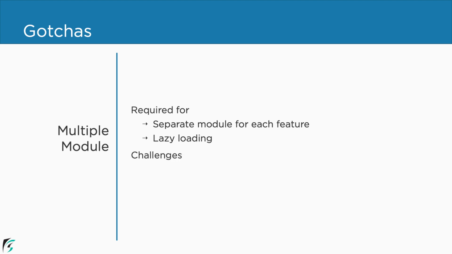Now generally the challenges that come up for multiple modules are that we have to deal with routing, and next, importing and exporting items from each of the modules is kind of challenging. Generally this is straightforward in most cases, but in case of complex features, it becomes confusing to set up various pieces correctly.